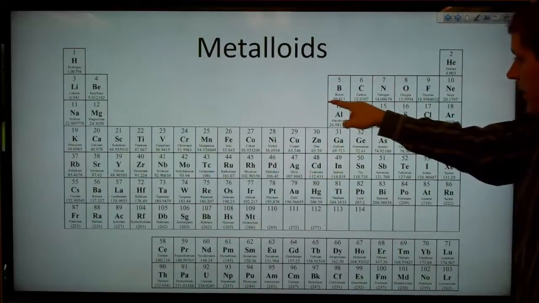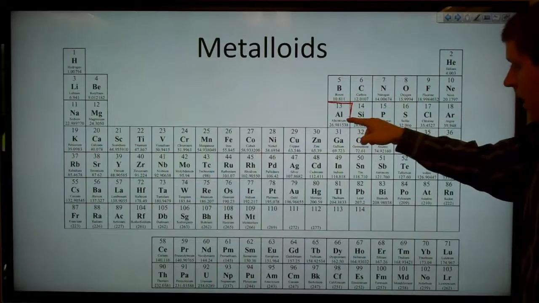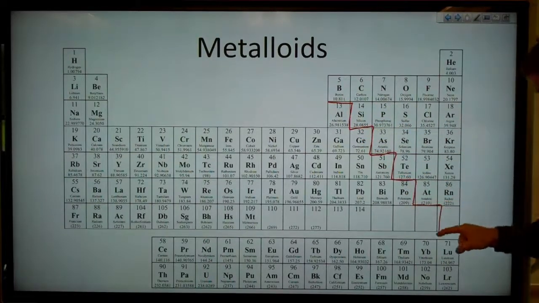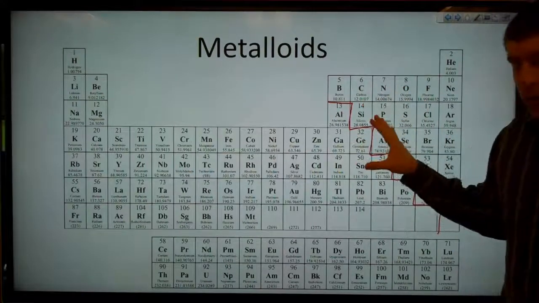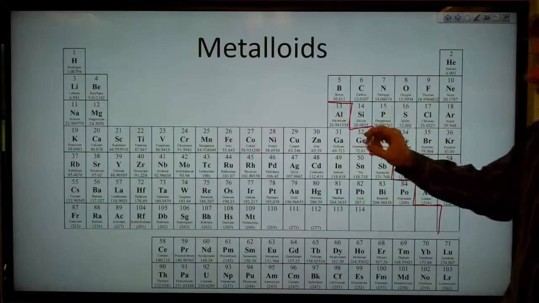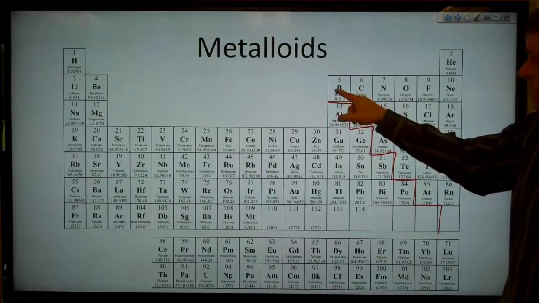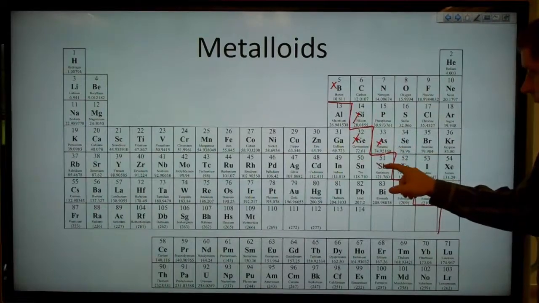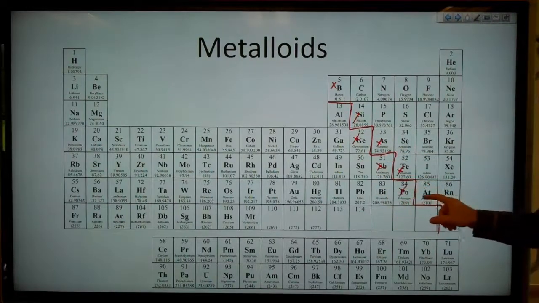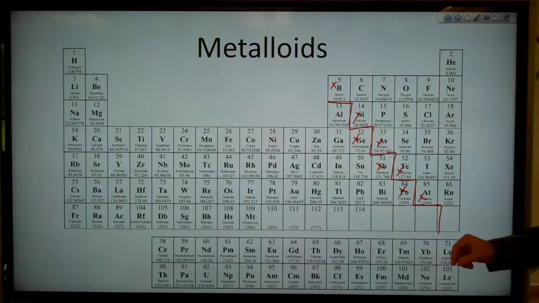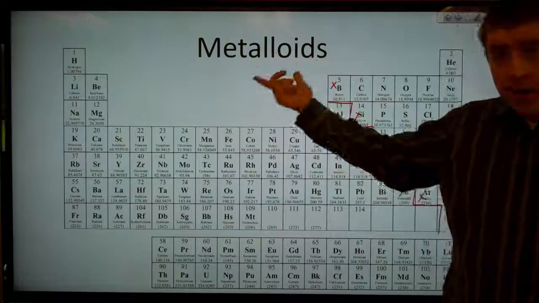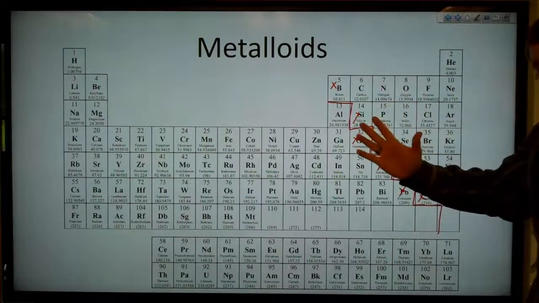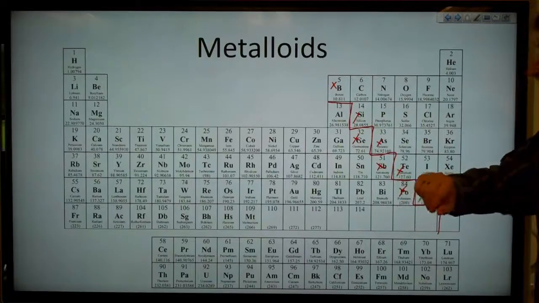If we draw a staircase here, starting between boron and aluminum, and we go down and to the right, and continue going down and to the right, the elements that border these, with the exception of aluminum, so sometimes boron, silicon, germanium, arsenic, antimony, tellurium, polonium, and astatine, those guys are all considered the metalloids. And again, those have properties in between those of the metals and the non-metals.